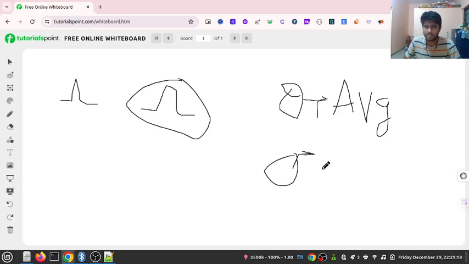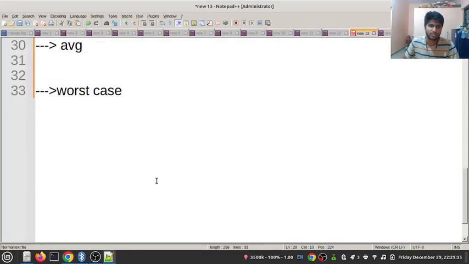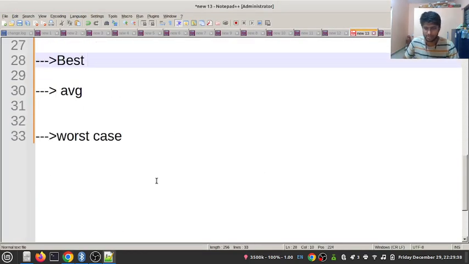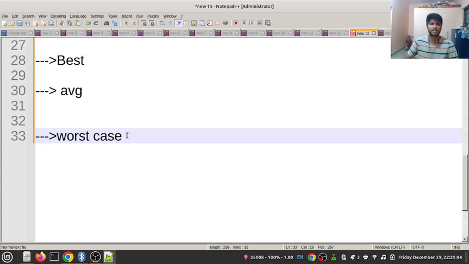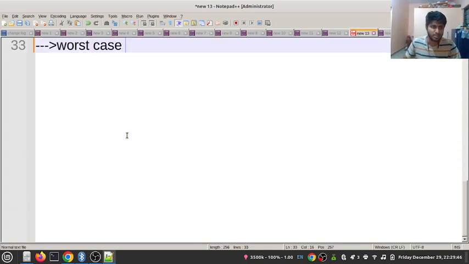Whatever the big O is, it's a worst case scenario of what will happen. So these are the three things you have to understand as convention: best, average and worst. Best is omega, average is theta, and worst case is big O.